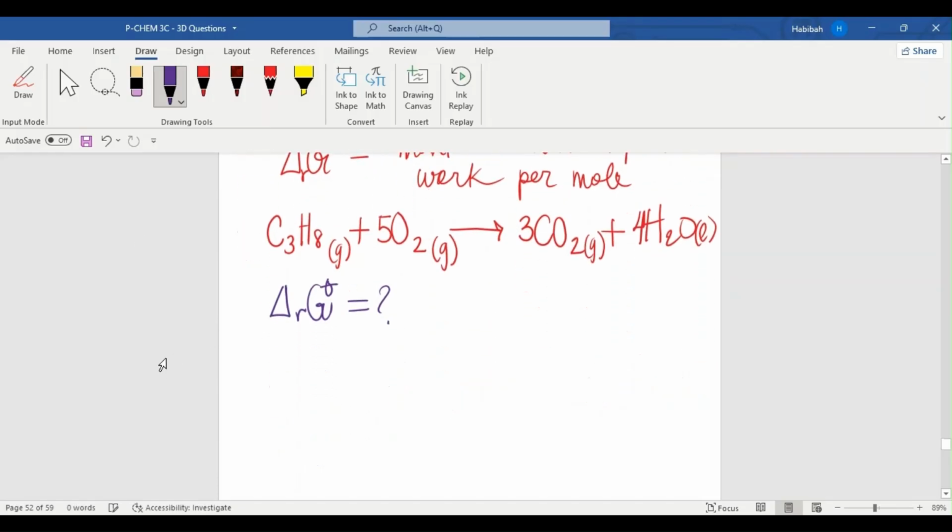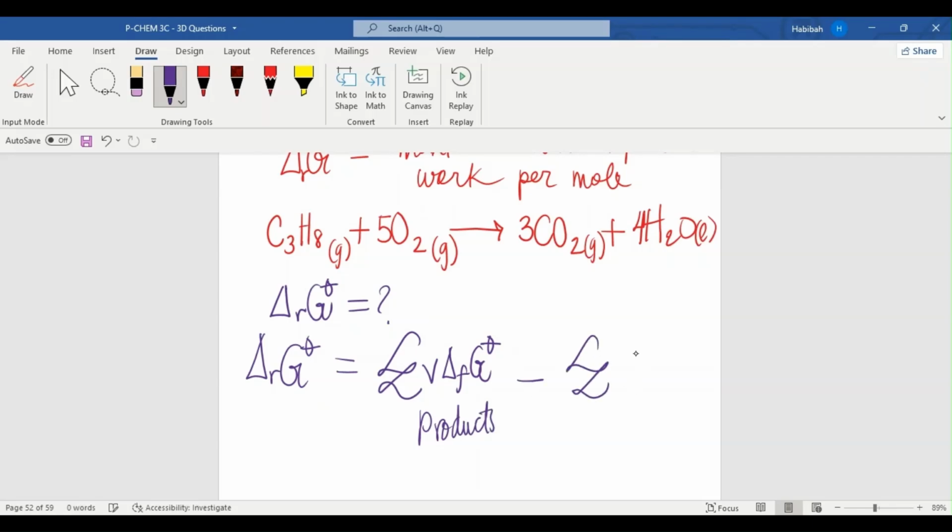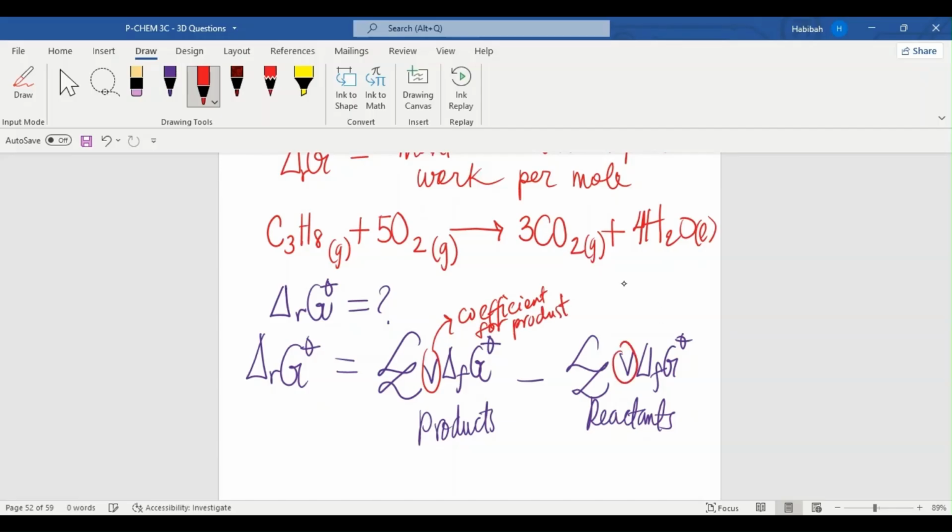So for any of you who don't know, the formula for the standard Gibbs energy of reaction is the summation of the Gibbs energy of formation for the products, minus the summation of the Gibbs energy of formation for the reactants, where the value for V on the left is the coefficient for products, and the value for V on the right is the coefficient for reactants. So that is it.